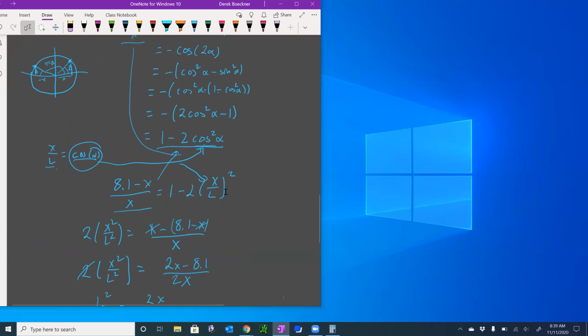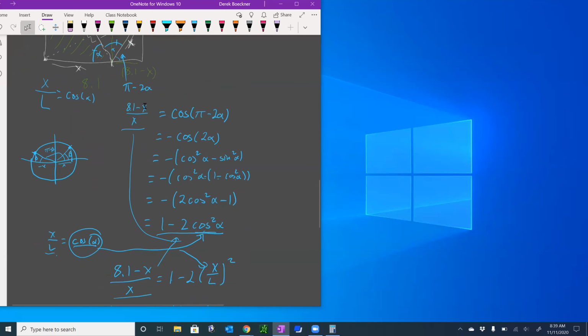And then it was just, well, I've got this expression and it's in terms of cosine of alpha. I have what cosine of alpha is just by x over L. So now I can replace it. I can get an expression from just the x's with x's and L's.